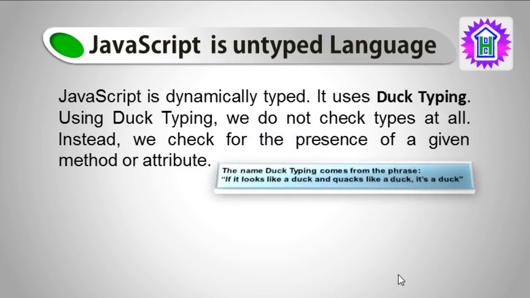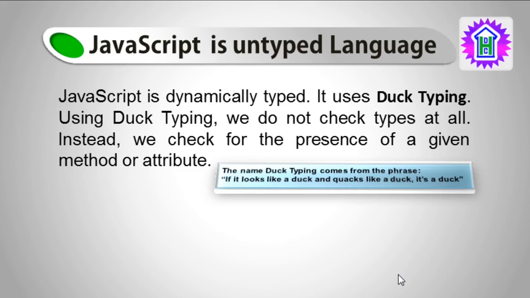What does it mean? The name duck typing comes from the phrase, if it looks like a duck and quacks like a duck, it's a duck. It means if I assign x equals 5, x is a variable and 5 is the value that is assigned to x.